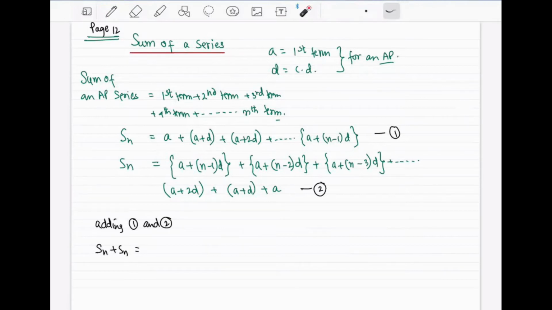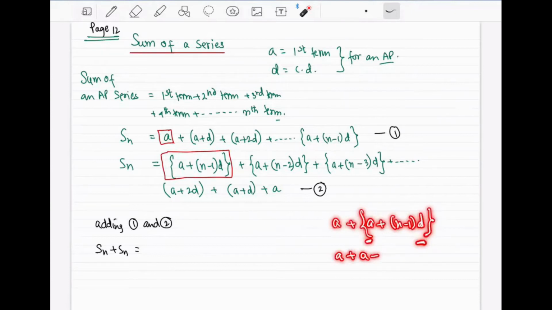Okay, now come to the right hand side. We have to add this and this. You get it? Okay, let me surround them with a red marker. Add these two. What do we have? First we have a. Next we have a plus n minus 1 d. If I open the second bracket here, what we are left with is a plus n minus 1 d. The two are like terms here, a and a.